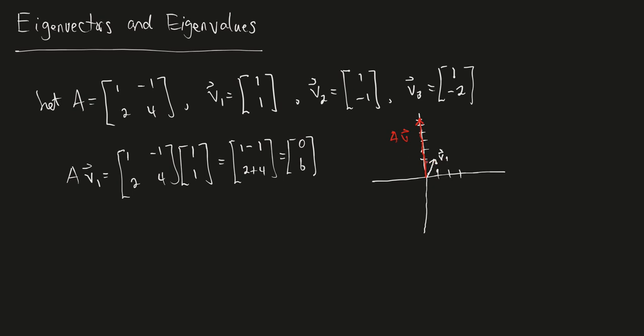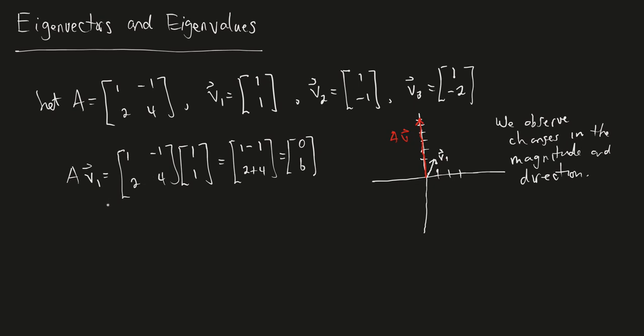Both things are changed as a result of multiplying by the matrix A. So we could just say this: when we multiply the vector 1, 1 by our matrix here, we observe changes in the magnitude and direction.